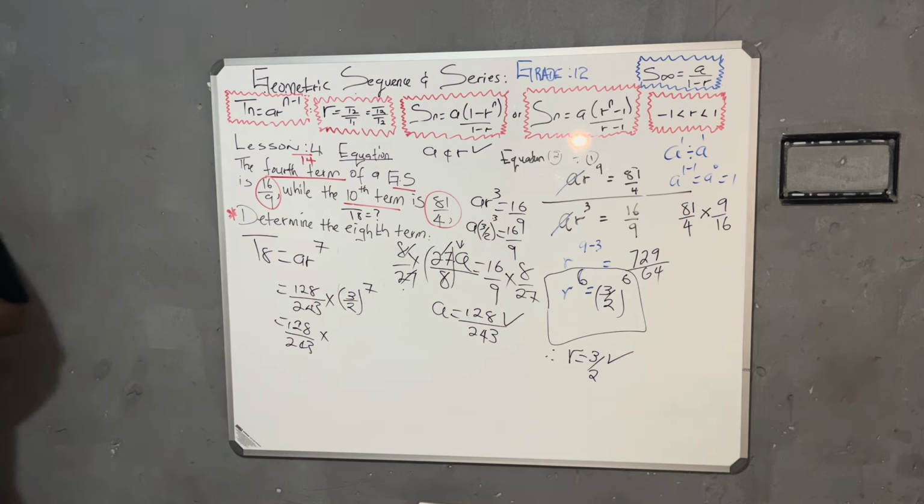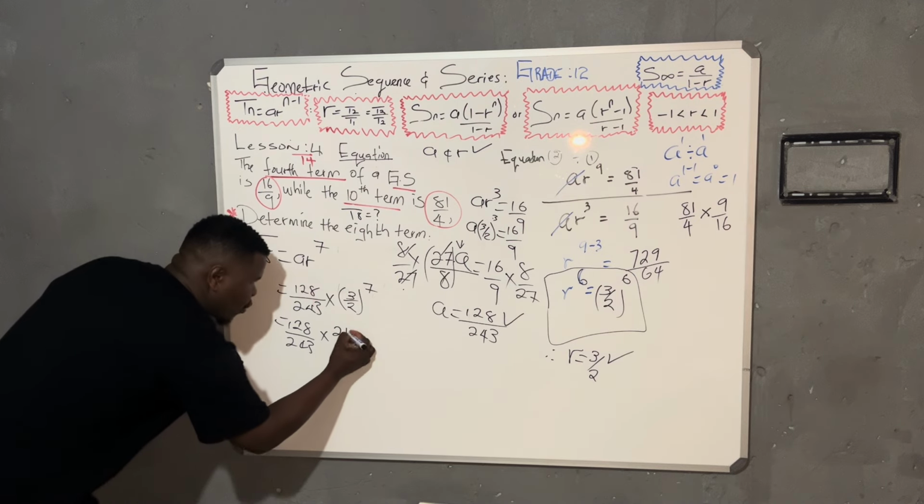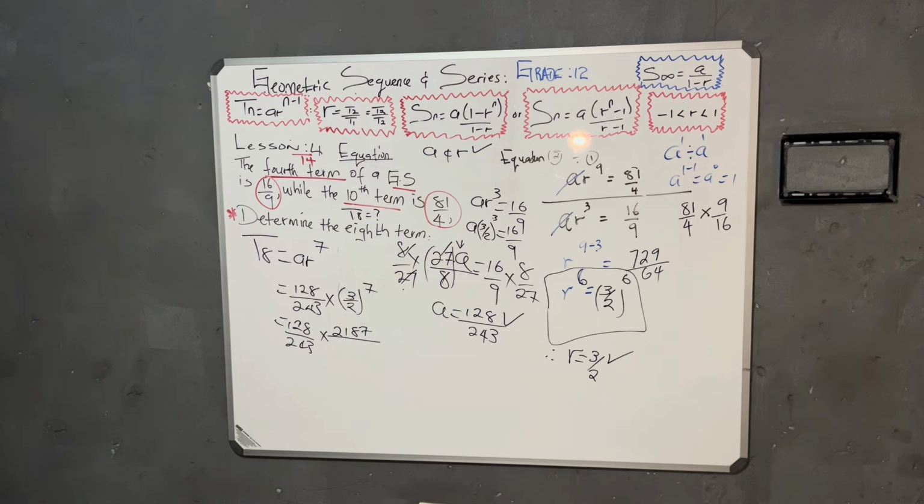What is 3 to the power 7? Okay, we're going to work on that. 3 to the power 7, I'm getting 2187. However, what about 2 to the power 7?